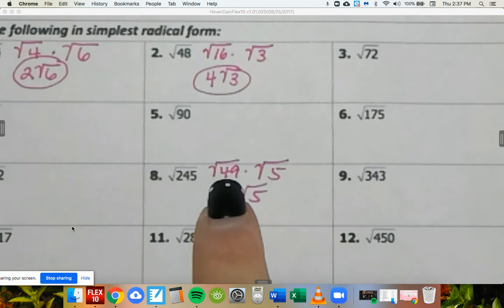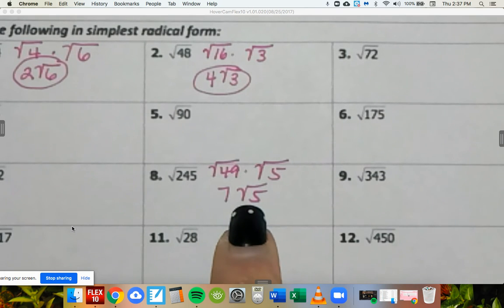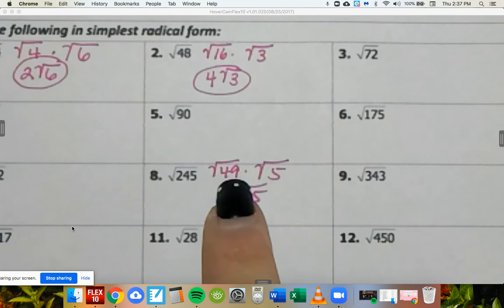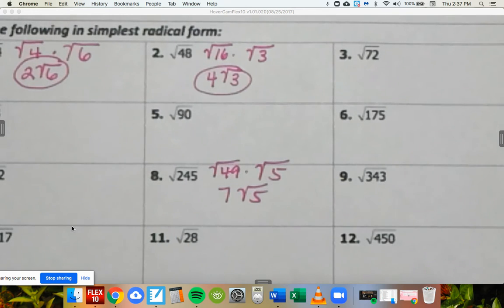So this would work. You could use 49 and 5, which becomes a 7 square root of 5. I think that that's cumbersome. I think a lot of kids aren't going to know that. So again, I would take 245 and I would prime factor it. Let's do that.